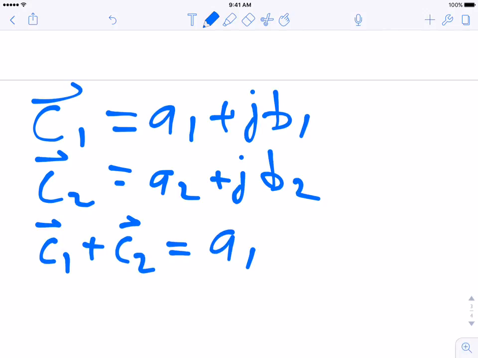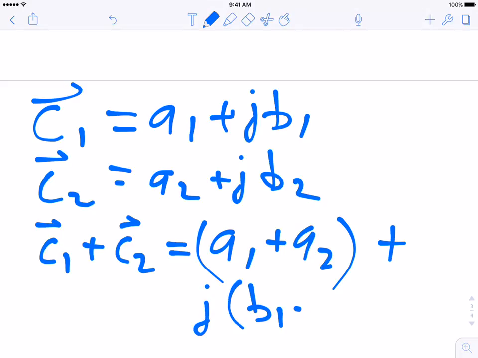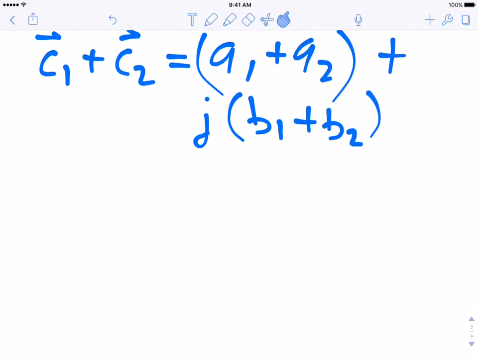So A1 plus A2, right, plus j times B1 plus B2, not B squared, but B2.